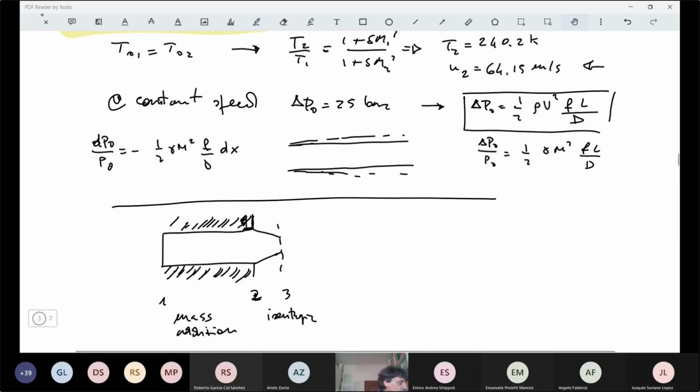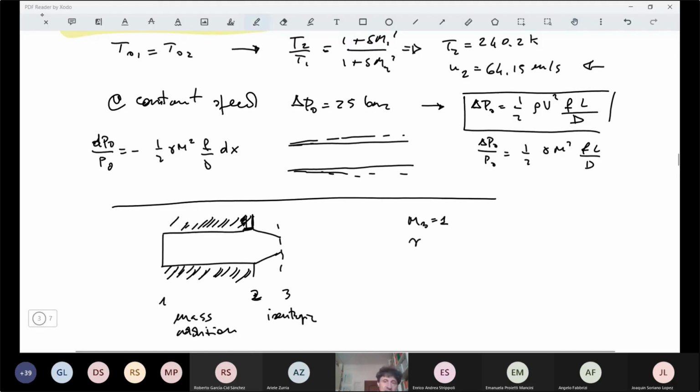So we'd like to compute, for given mass flow rate, gamma, gas constant, and throat area, the total pressure here in 2 and in 1, and also the different dimensions that we have to consider, so let's say the area A2 and throat diameter D2, and so on. Of course, D1 is equal to D2. The data are that M3, this is a choked nozzle, so we have M3 equal to 1.